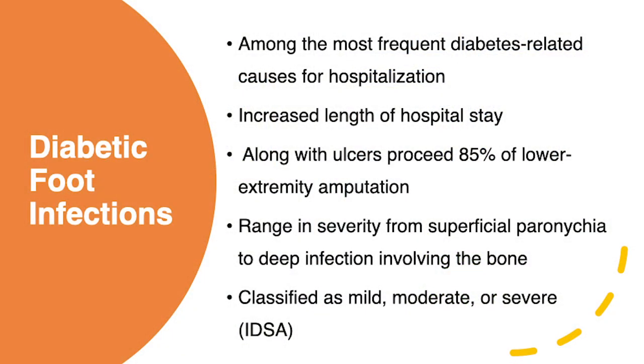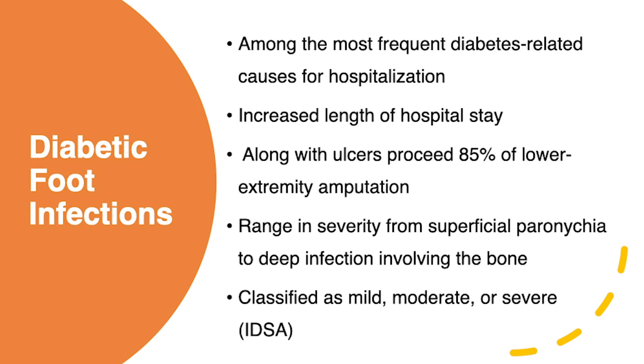So diabetic foot infections are among the most frequent diabetes-related complications and the cause for hospitalization. It also causes the stay in hospital to be longer. And in fact, 85% of our amputations are preceded by ulcers and infections.